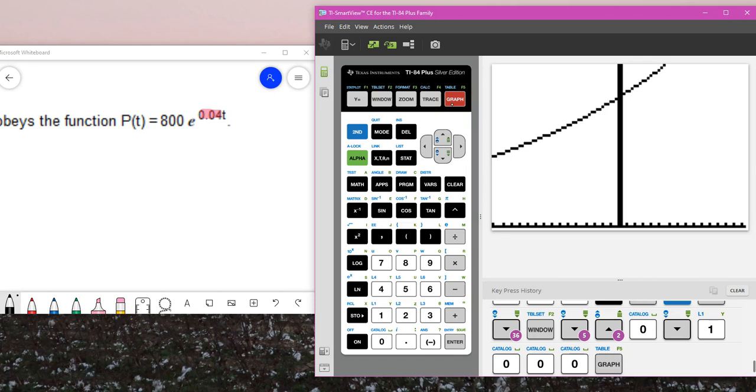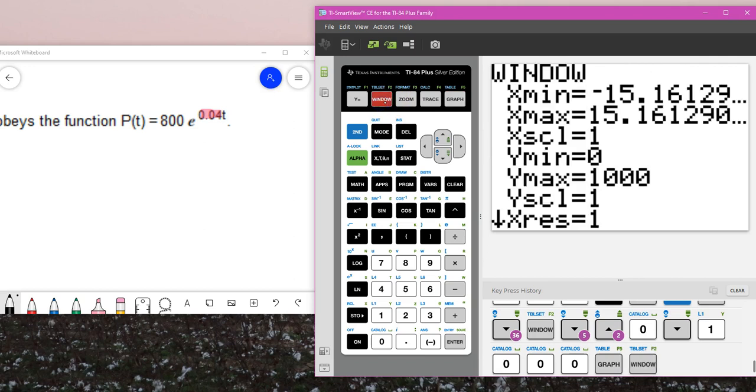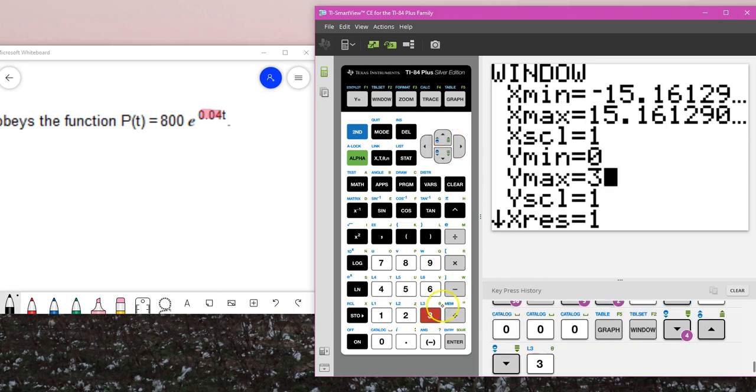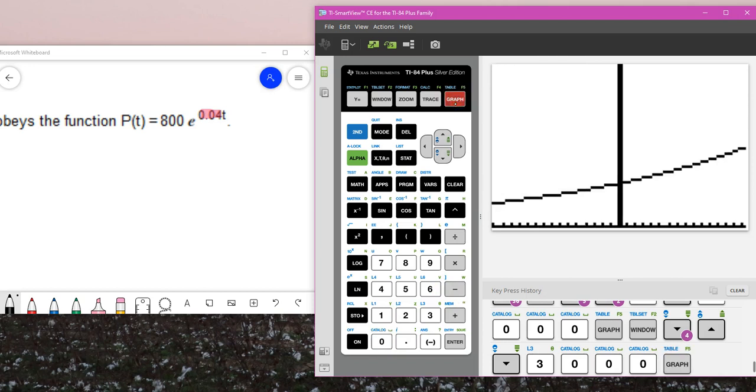Now we can see that curve, and because I'm not seeing the increase on the right here, I'm going to go even higher, let's say 3,000. Okay, so now we're kind of seeing the full picture of the graph.